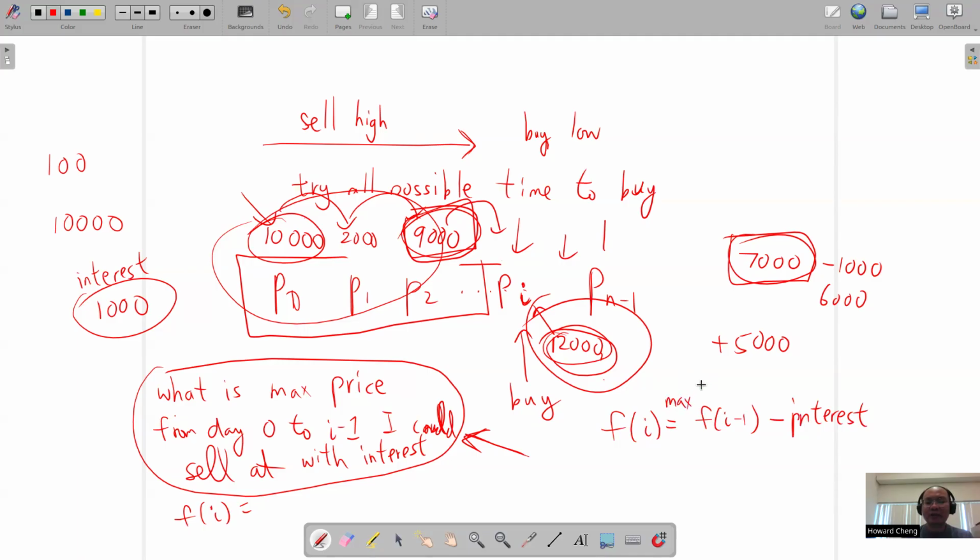And then pick the maximum of this and price of I minus 1 minus the interest, because you have to borrow that on day one. Pick whichever one. And f of 0 is 0, let's say. Okay, so that's one way to do this recursively if you wish.